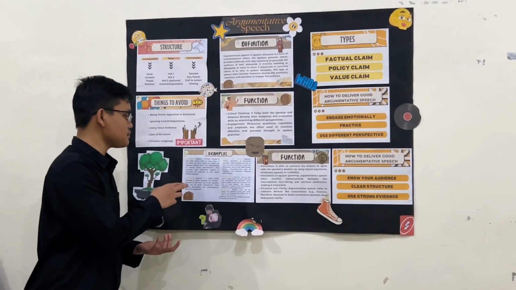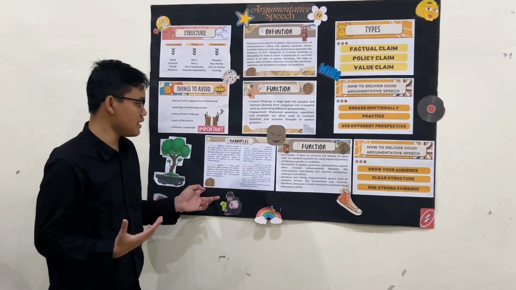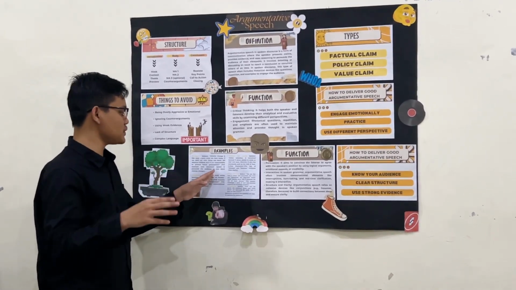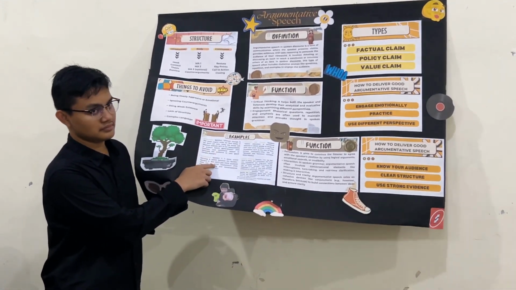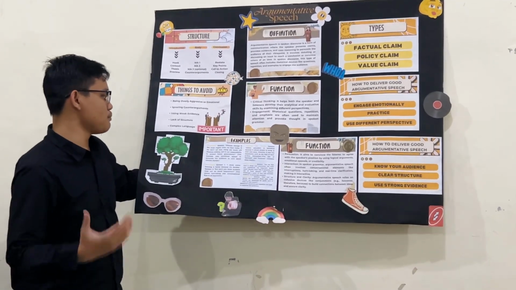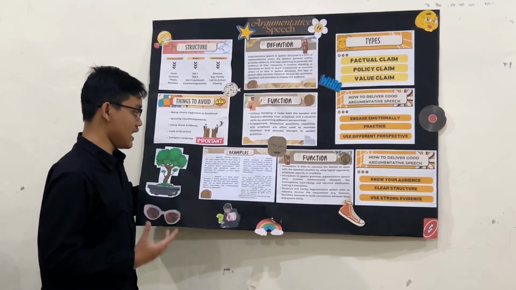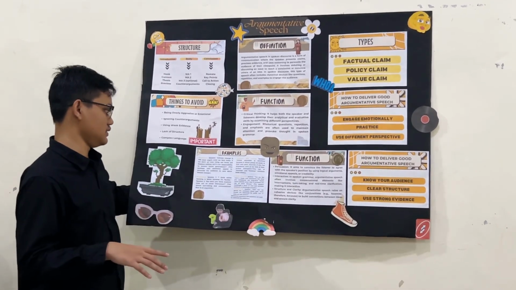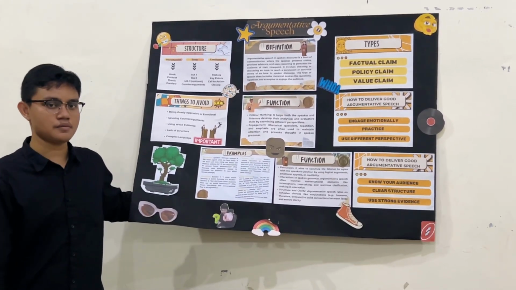Now, in this persuasion, the speaker used emotional appeal. I want to ask you guys, where the emotional appeal is? So the text is, climate change is the most urgent crisis we face today. If we don't act now, rising sea levels will displace millions. Isn't it our responsibility to protect future generations?